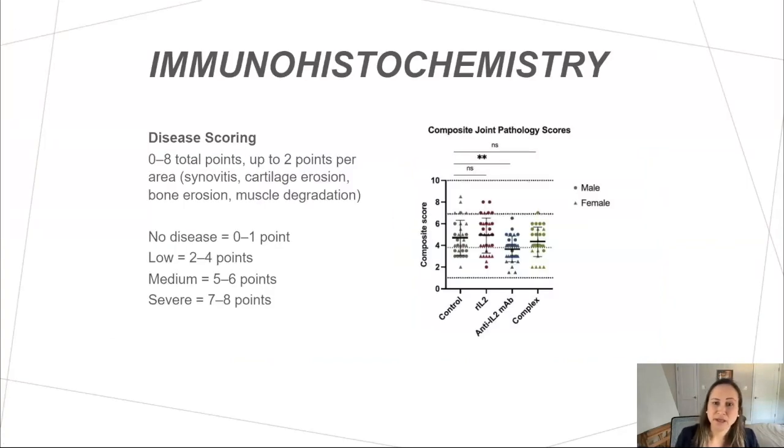We developed a tarsal histology score based on synovitis, cartilage erosion, bone erosion, and muscle degradation. And we found that those mice that were treated with the anti-IL-2 monoclonal antibodies had the lowest inflammatory pathology score.